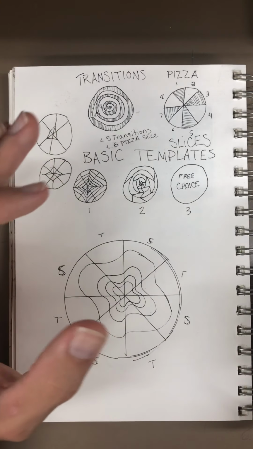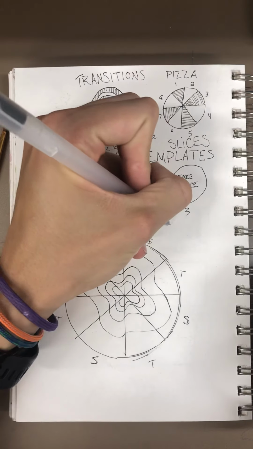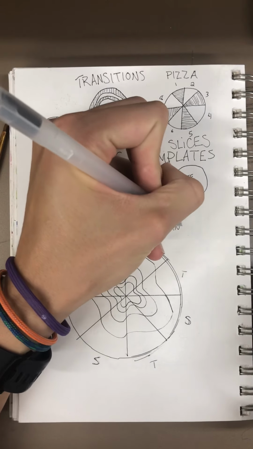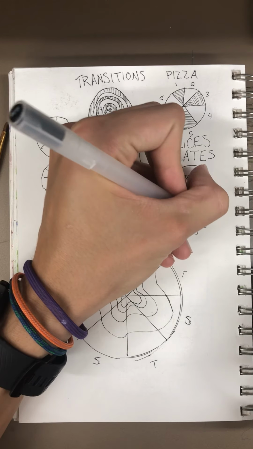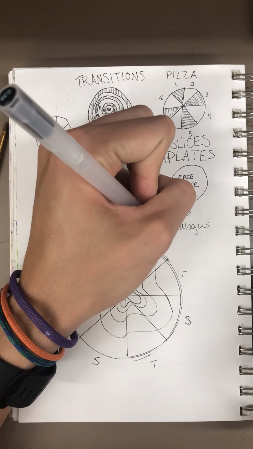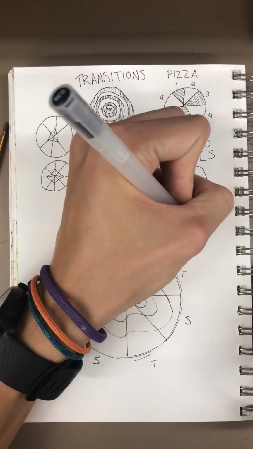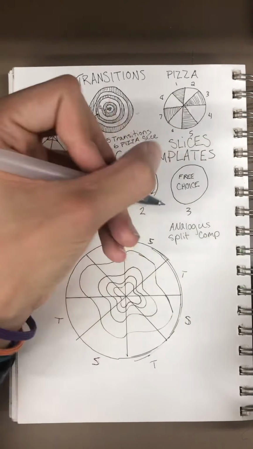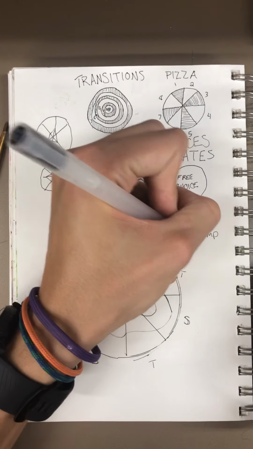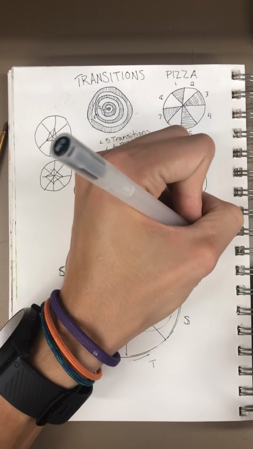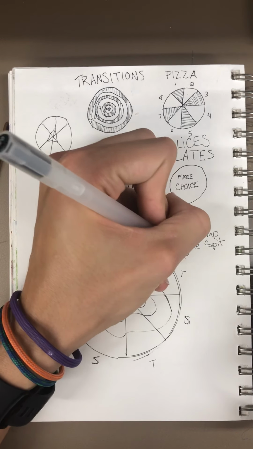Then, finally, what I want you to do is figure out if you're going to go with an analogous color scheme, a split complement, double split complement, or a triadic.